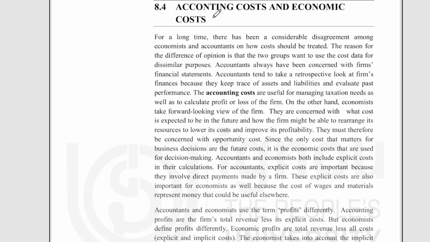This implicit cost generally is not reflected in the accounting statement, but rational decision making requires that it be considered. And next is accounting cost and economic cost. For a long time, there has been considerable disagreement among economists and accountants on how cost should be treated.